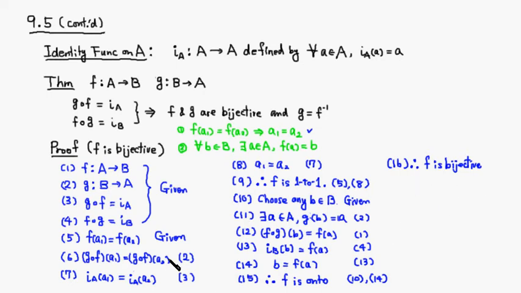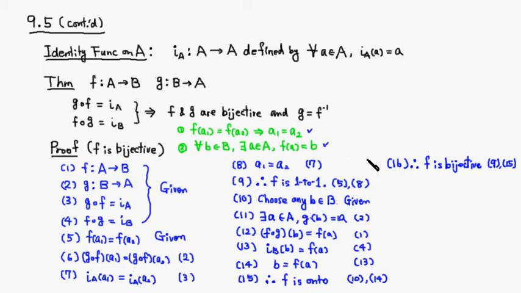One-to-one we get from line 9, and onto we just got at line 15. So we could establish that f is a bijection, or is bijective, because it's one-to-one and onto.